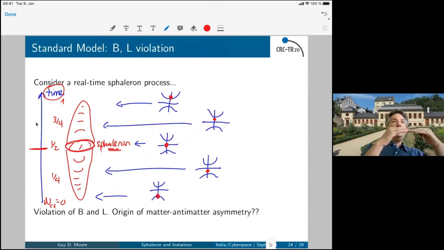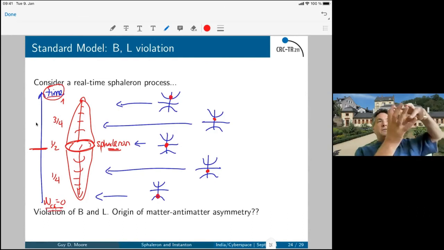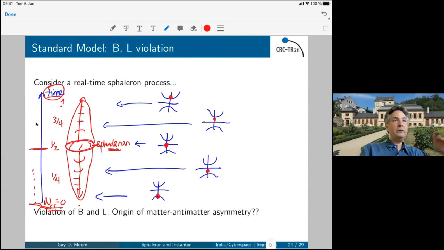Then surely the fields are going to wander their way towards one vacuum on one side and towards the other vacuum in the past, so that it's a transition as a function of real time, which looks a lot like a long, stretched out instanton, going from Chern-Simons number 0 up to 1. When Chern-Simons is 0, I'm in vacuum. But as I move up here, exactly at the sphaleron, there's one fermionic state with 0 energy.